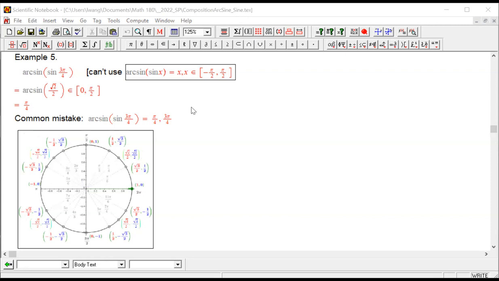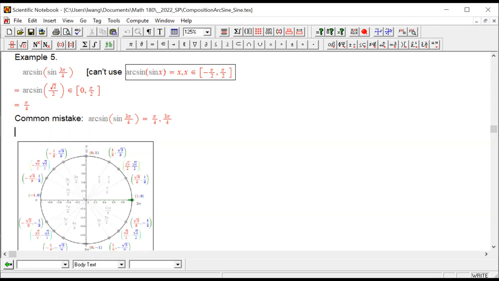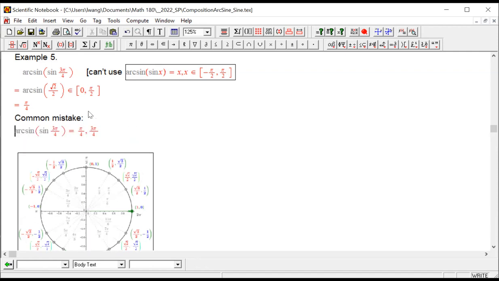Well, you know this is a common mistake, right? If you gave such an answer, how many points are you getting? You get 0. Why?